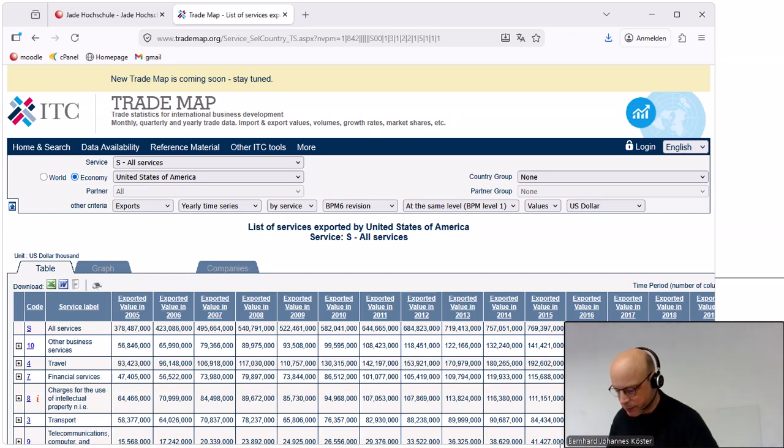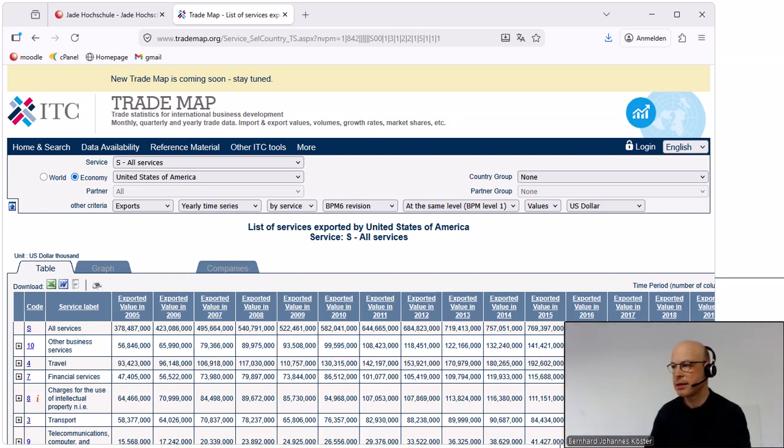And therefore, since this data is directly coming from the World Trade Organization and the United Nations, we can also say that the data is quite reliable. Because on the other hand, sometimes if you have, for example, a country of the emerging markets, then you do not really know if the data is that reliable.